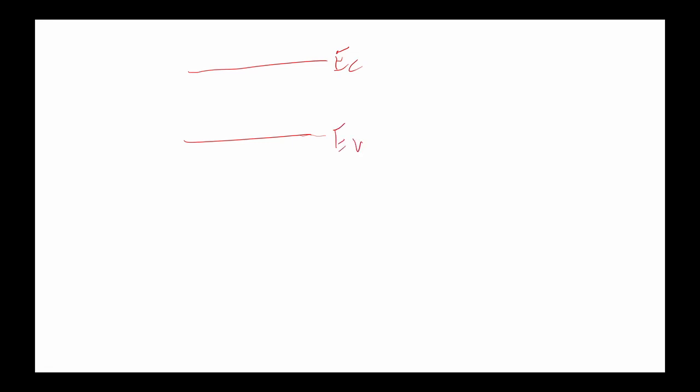When we shine light or increase the temperature, or keep this end hot or this end cold, there will be more generation of electron-hole pairs. We are assuming that this is an intrinsic semiconductor. We are not introducing any dopants in this one, intrinsic semiconductor.